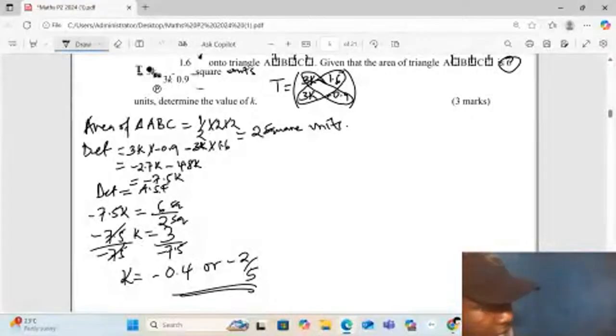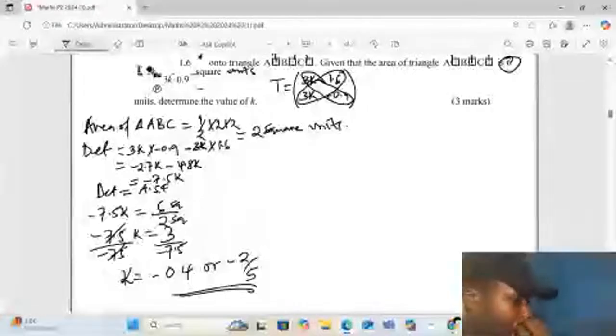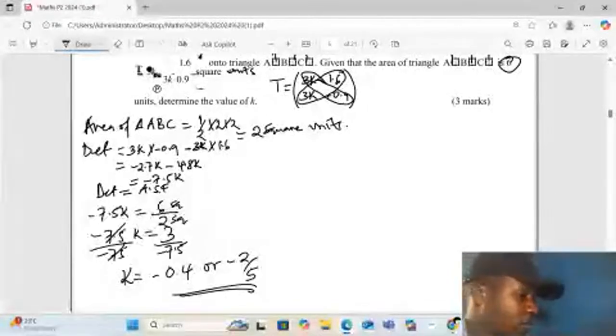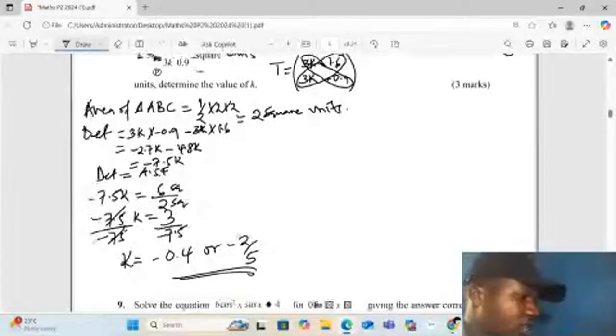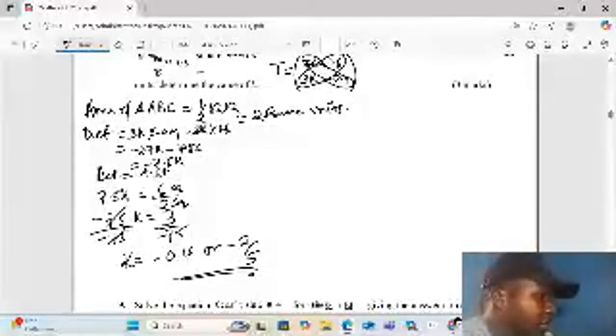Then you equate that to the area scale factor, and you get your value of k. That is 8 free marks.